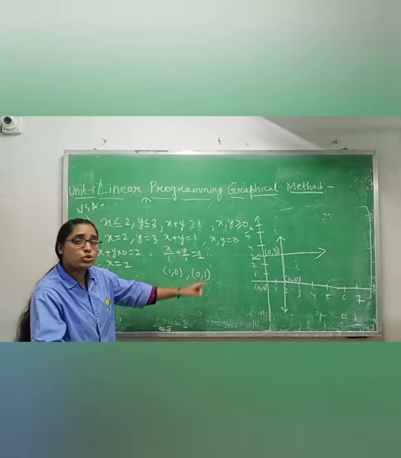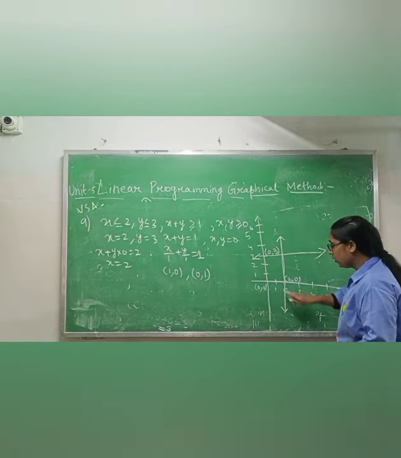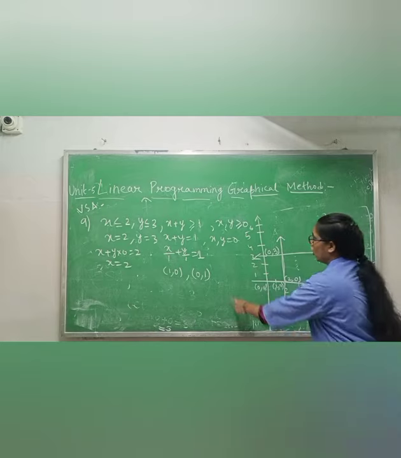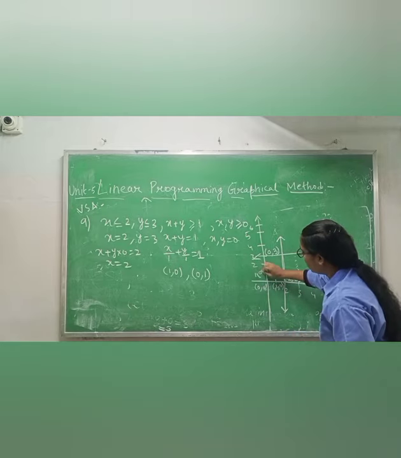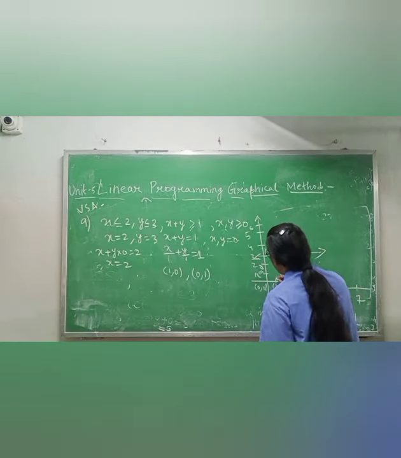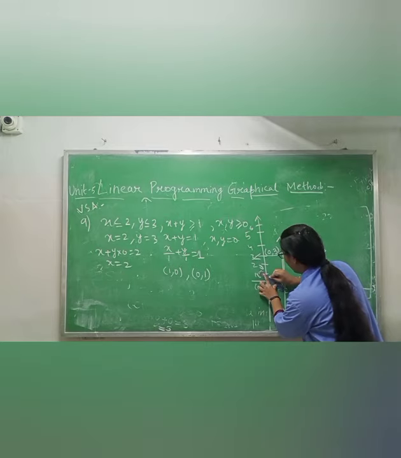So here we have to plot (1, 0) and for y we have to plot (0, 1). So (1, 0) and (0, 1). (1, 0) is this one, and (0, 1) is this one. Now using your scale you can draw one straight line between these 2 points.